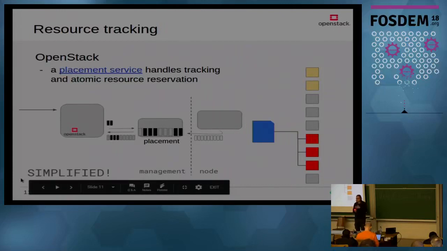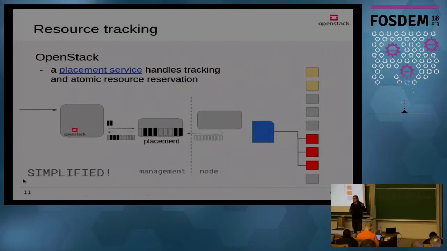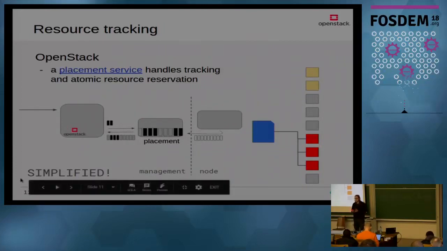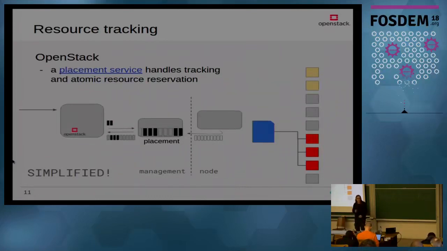But before it starts the VM, it actually sends a reservation request, if you want to call it like that, to the placement service, and that's atomic. So if some other scheduler already used the resource, the reservation service will reject that request. But if it accepts it, it means that the VM can safely start. So it sends it there, the reservation service says, okay, yeah, that's fine, I'm taking that. And then it sends the request to the agent, and the agent starts the VM.